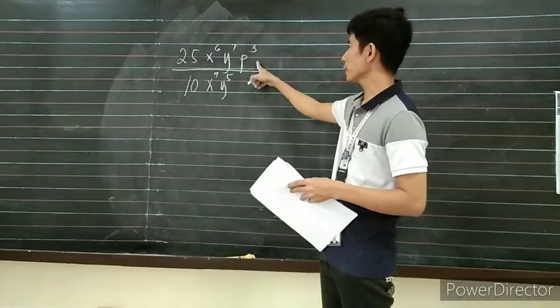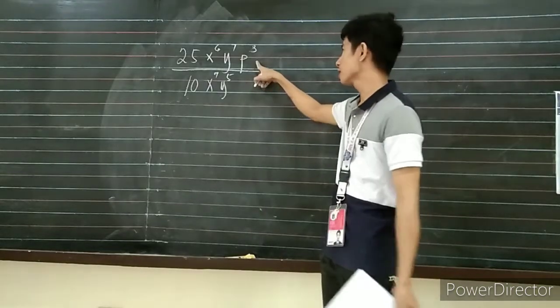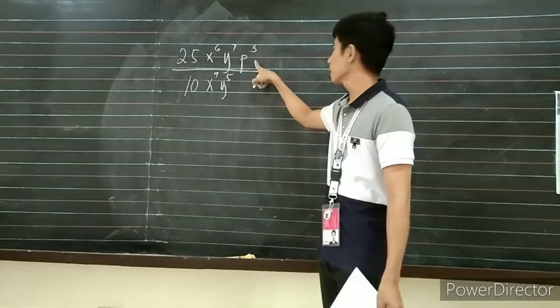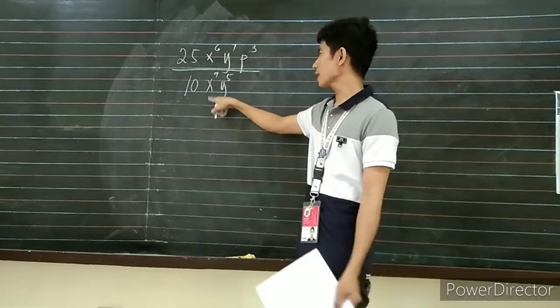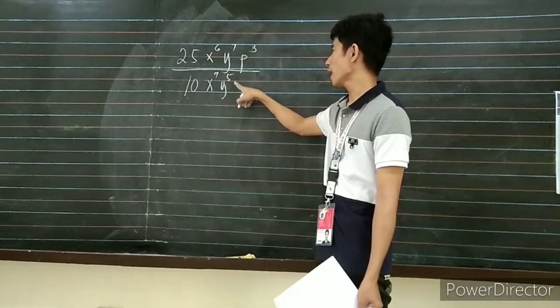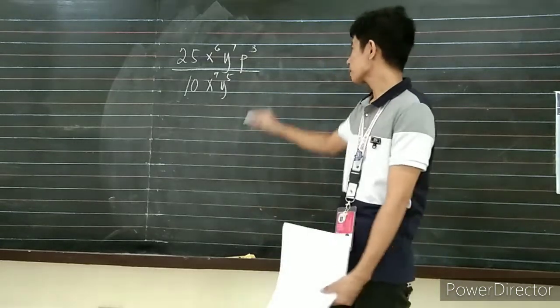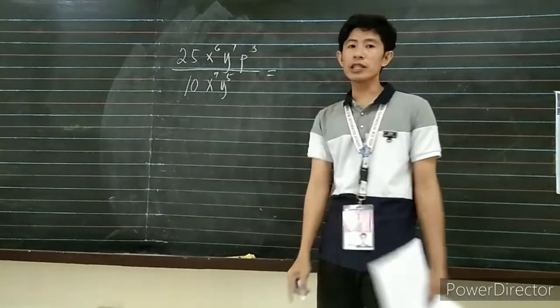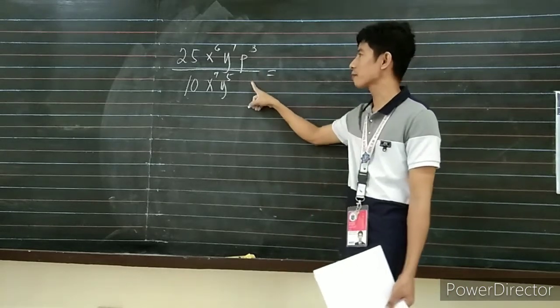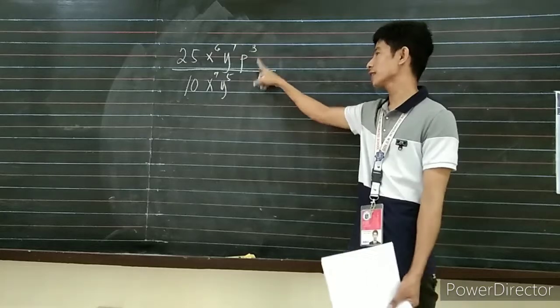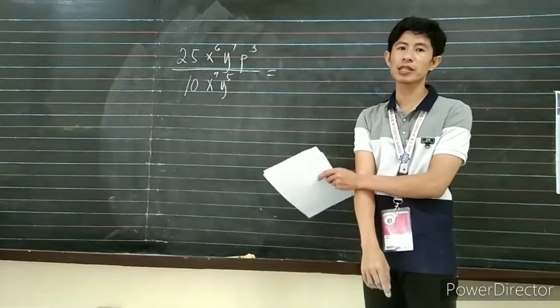Again, we have 25x to the 6th, y to the 7th, p to the 3rd power, over 10x to the 7th, y to the 5th. I will teach you two methods in simplifying this rational algebraic expression.